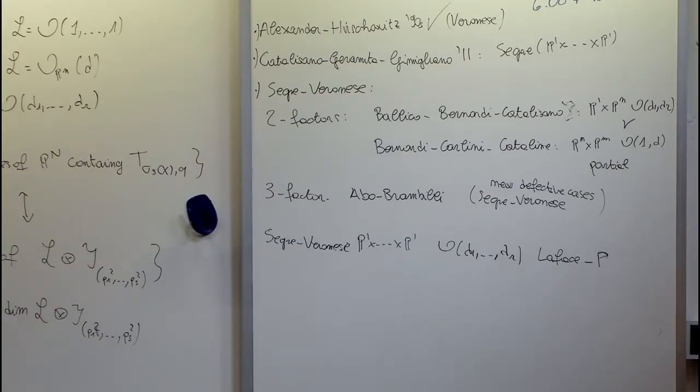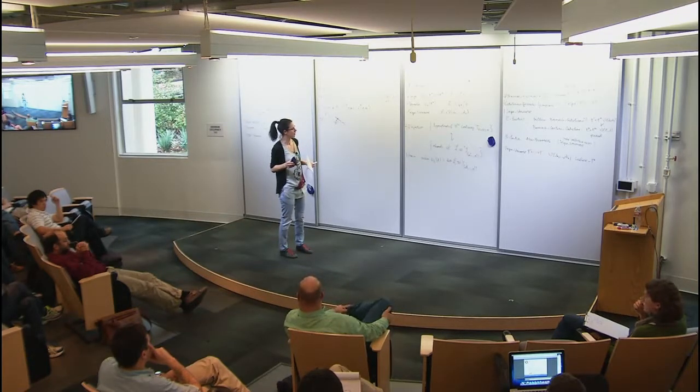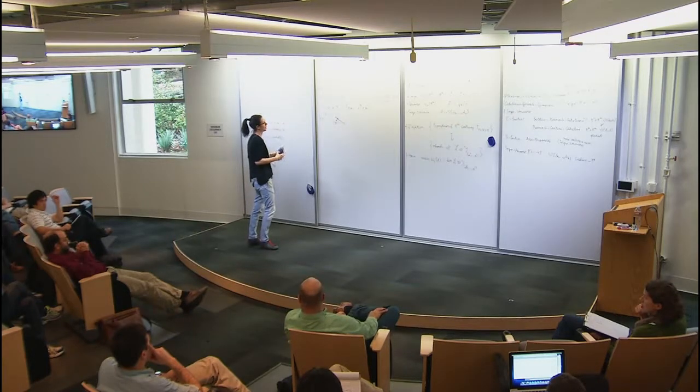Can you just say, before we erase the center board, give the example of the 2 double points, why it comes out in this case, just for the sake of people who haven't seen it before? In the case of the twisted cubic, why is it that Terracini's lemma says that you need 2 double points?